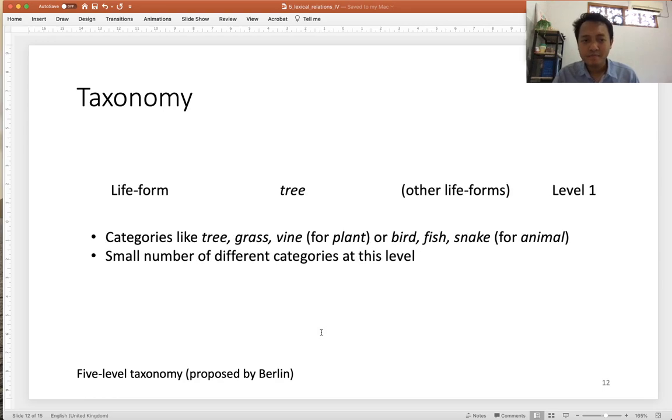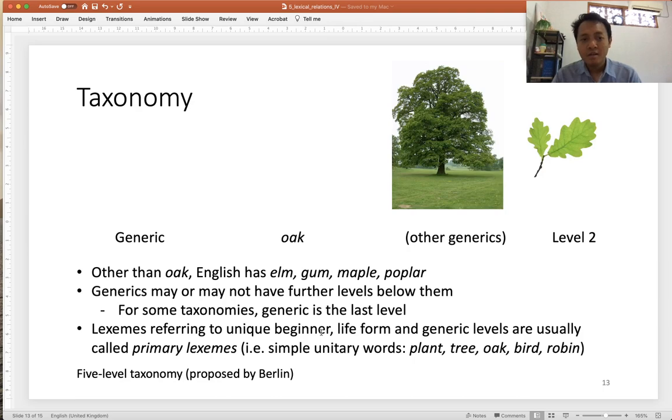The next level, level 1, life form, is where categories like tree, grass, and vine for plant, or bird, fish, and snake for animal can be found. It is usually not so many. The generic level is where the categories can be found much more often.